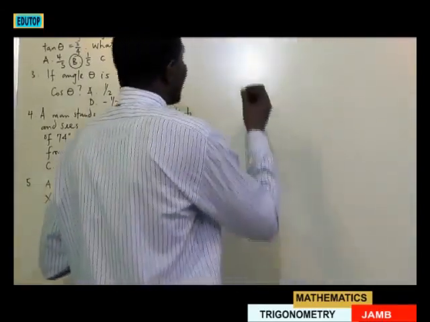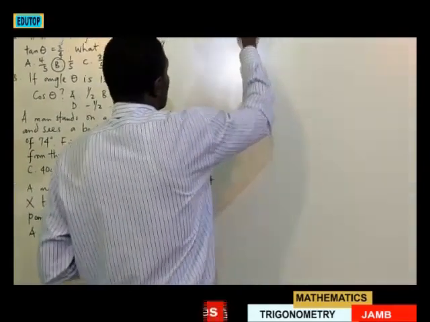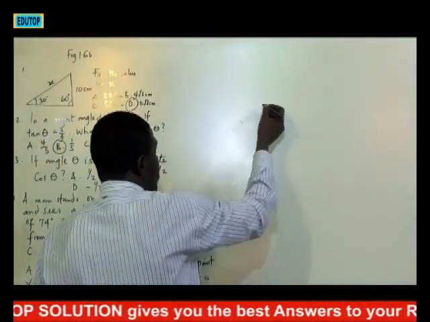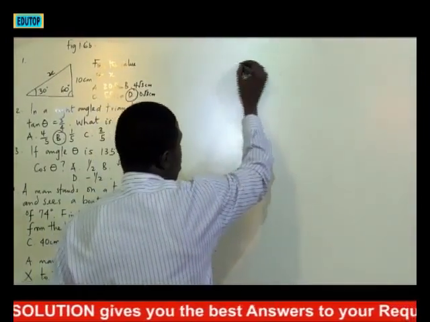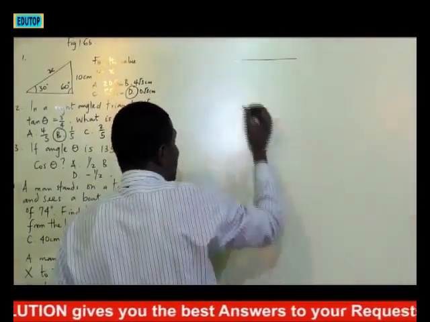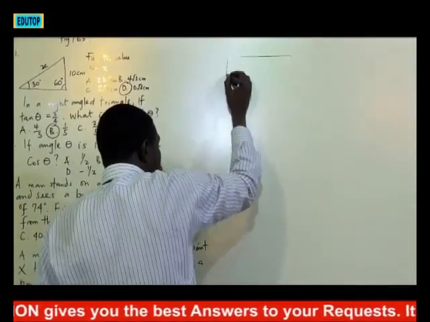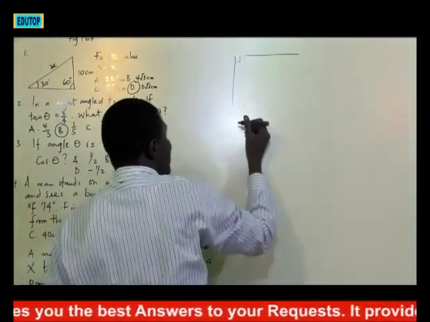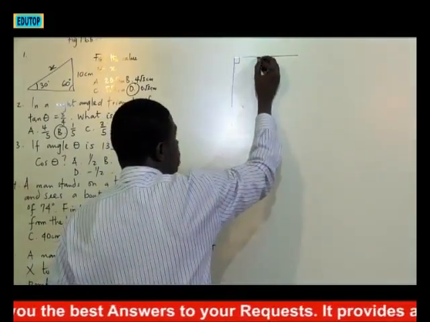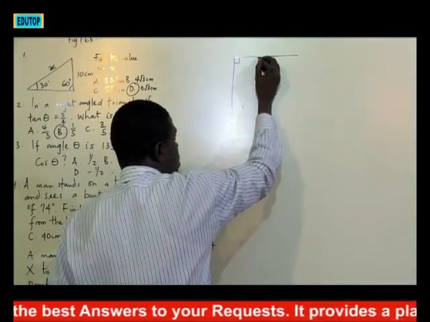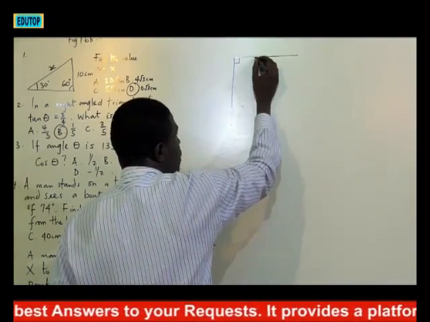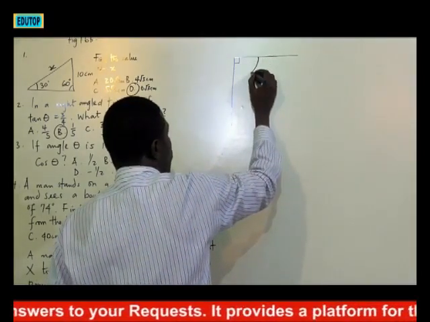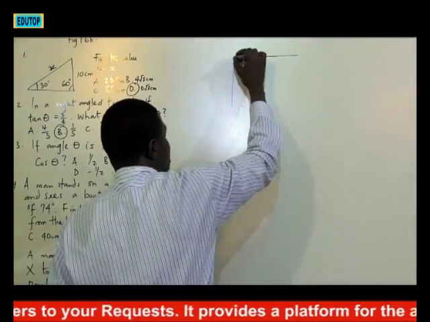It should be noted that the angle of elevation and angle of depression are equal. Now, if you draw a horizontal line, then it is perpendicular, that means it's 90 at this end. So the angle of depression starts from this horizontal mark and goes down 74 degrees, as given to us in the question.